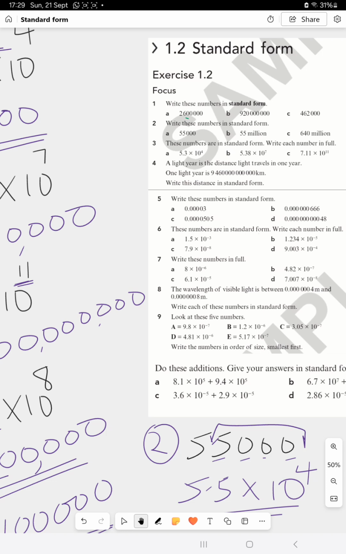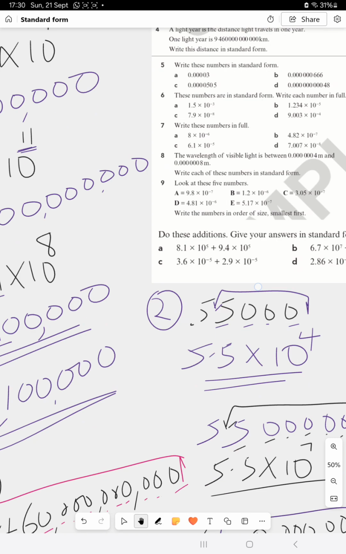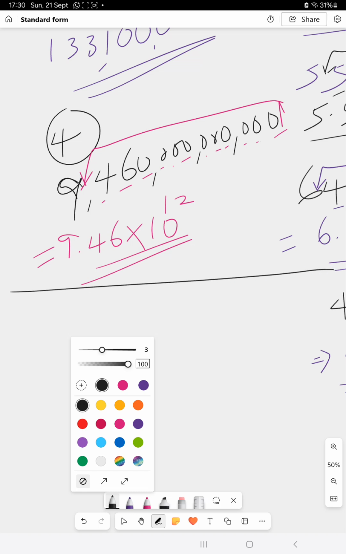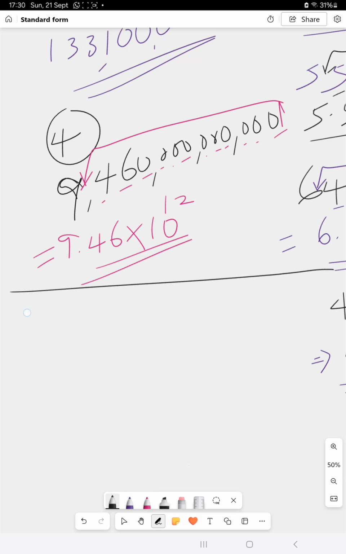It's only that it is involving decimals on the other side, so we will have a negative. The first one is 0.00003.